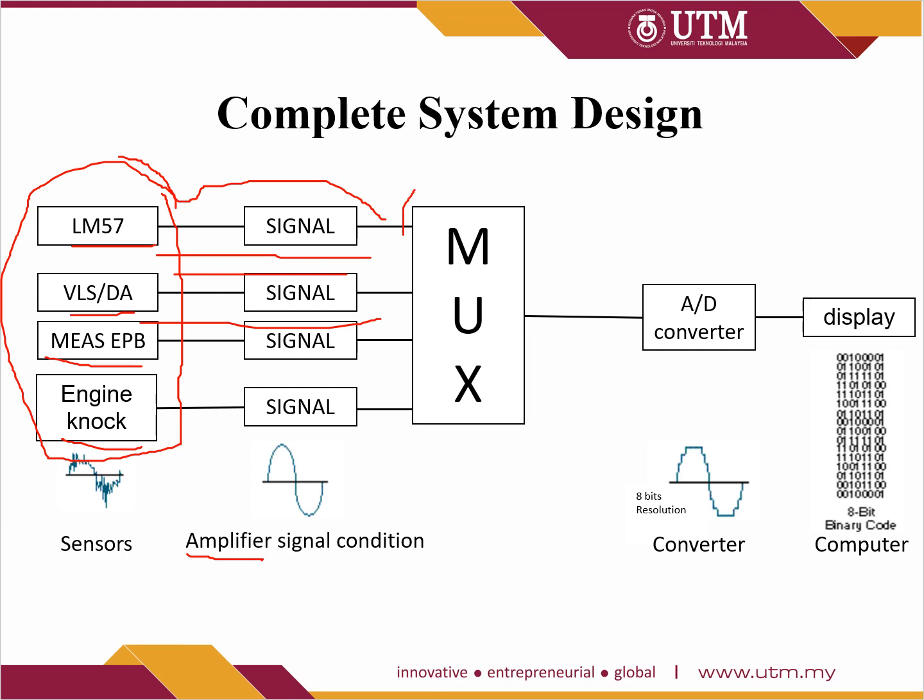Then by using a multiplexer we switch between these signal conditions, and after that we use the analog to digital converter, and then we have the computer display.